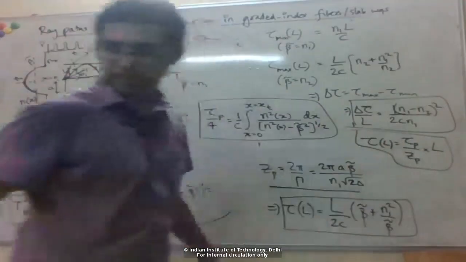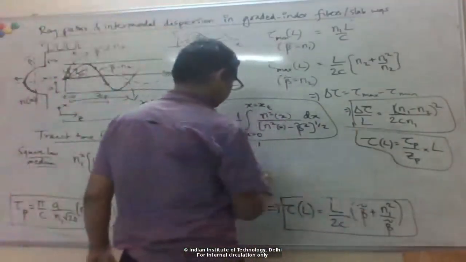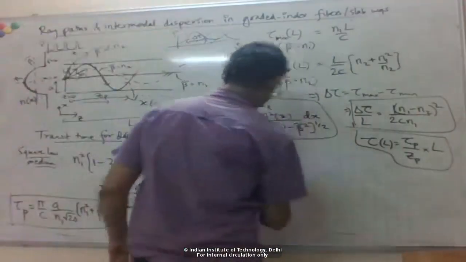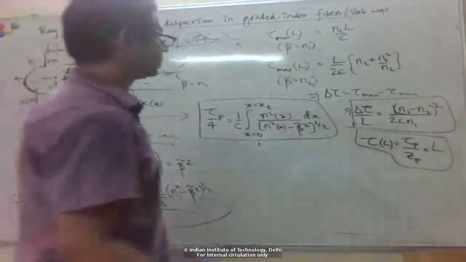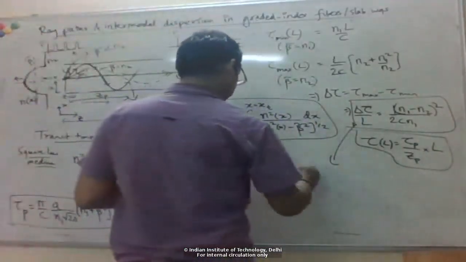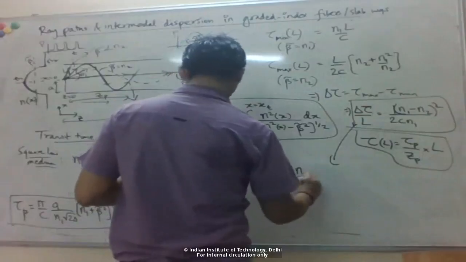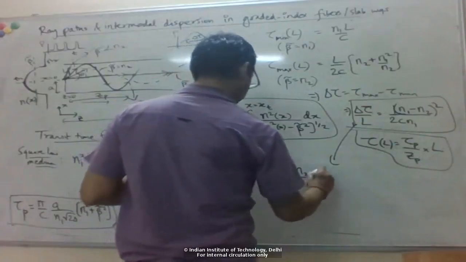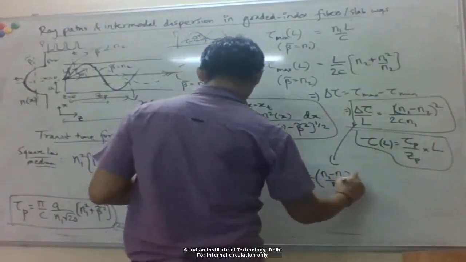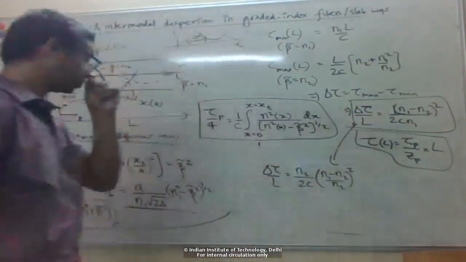Okay, so we can simplify that expression a little bit to write it in terms of this delta quantity, which is the refractive index difference. So you can write this expression like that.